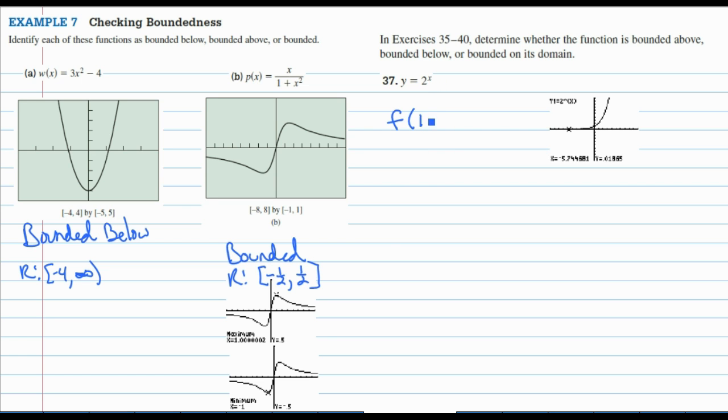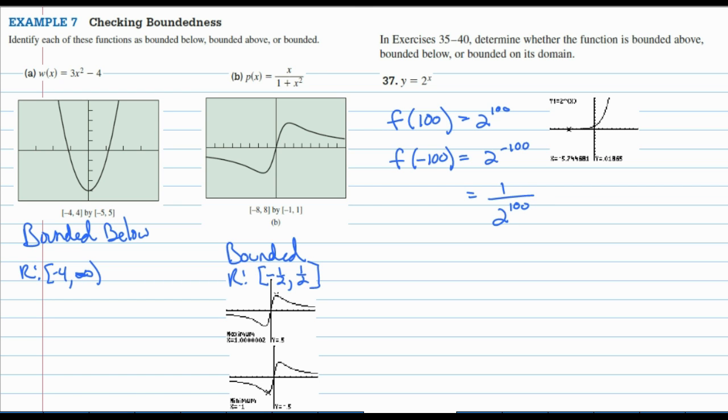What about f of 100? That's 2 to the 100th power. So that's going to be like 2 times 2 times 2 times 2. It's going to be a really, really large number. So you can see that that's approaching infinity to the right. But now to the left, maybe f of negative 100 is going to be 2 to the negative 100. So that's going to be like 1 over 2 to the 100, so 1 over this really, really large number.